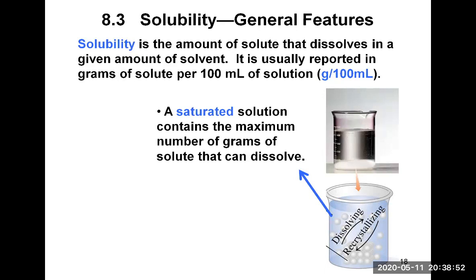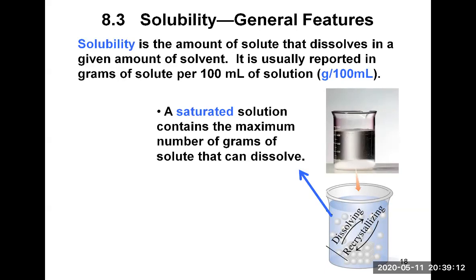And one of them is a saturated solution. A saturated solution contains the maximum number of grams of solute that can dissolve. So if you have reached the maximum amount, then you have reached a saturated solution.